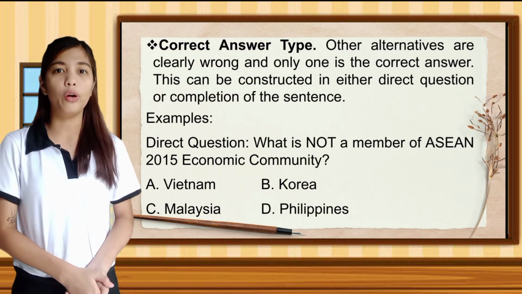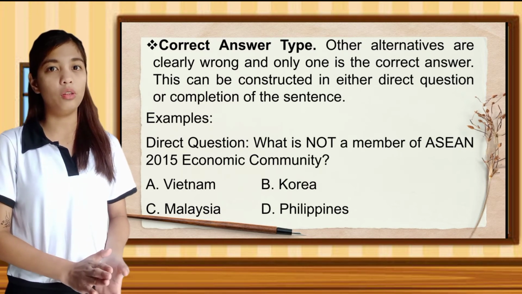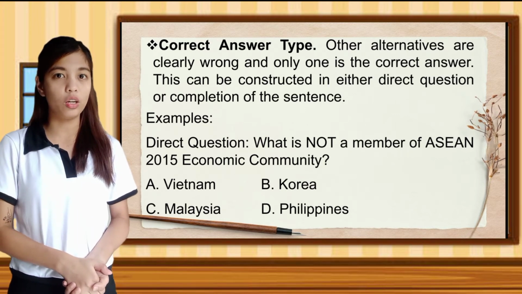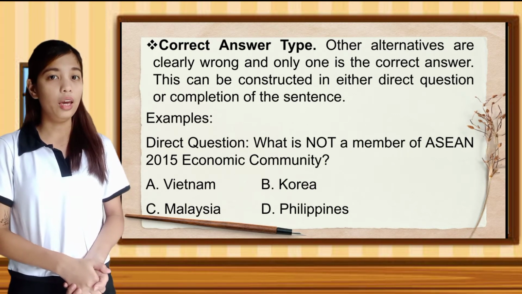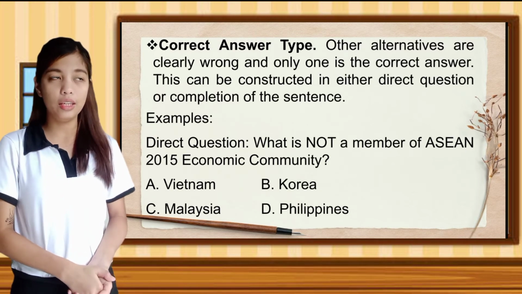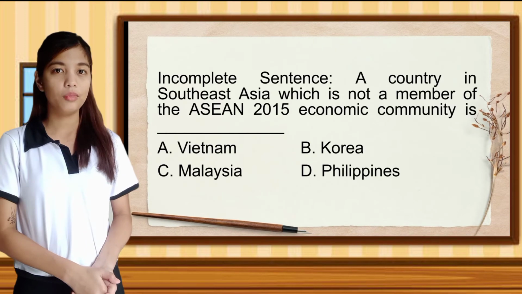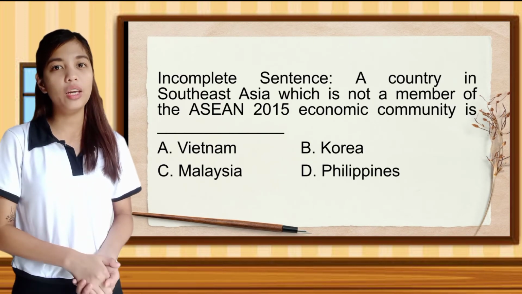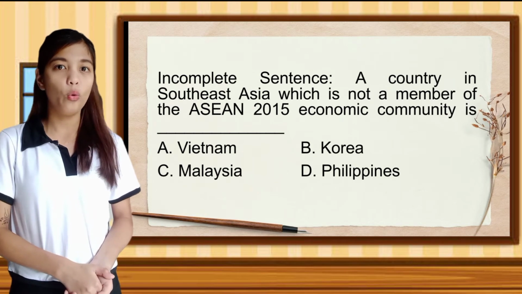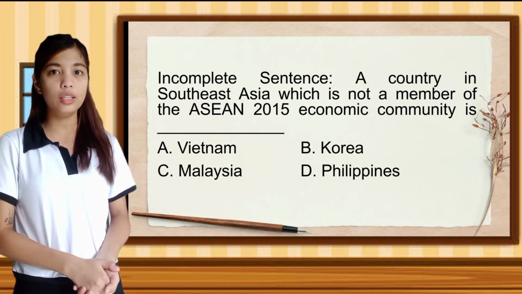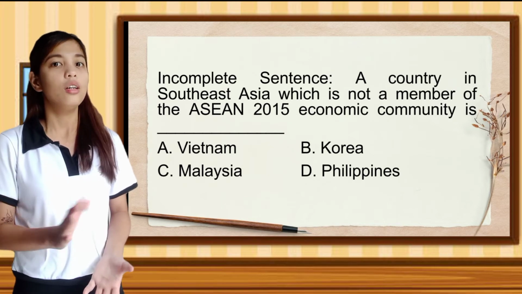For the direct question, the example is, what is not a member of the ASEAN 2015 Economic Community? A. Vietnam, B. Korea, C. Malaysia, and D. Philippines. And the example of an incomplete sentence is, a country in Southeast Asia which is not a member of the ASEAN 2015 Economic Community is blank.